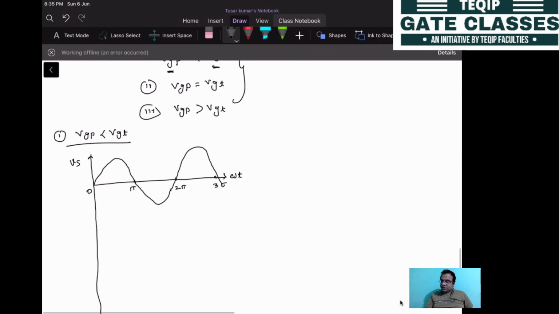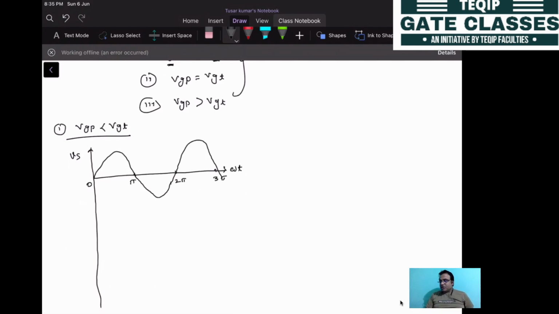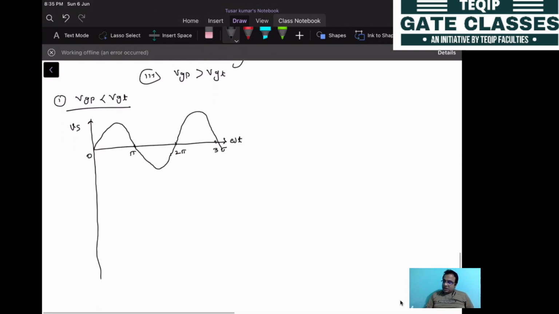This is the voltage that will be applied, that is nothing but the input voltage. After applying this voltage, the next thing that we will be finding out is the VGP.